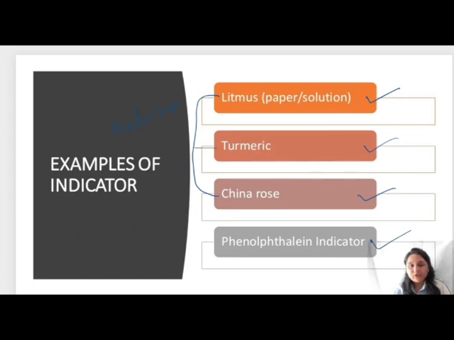And if we are talking about phenolphthalein here, this is a synthetic indicator. This is not a natural indicator, this is synthetic. The natural indicators we get from natural things like plants, and the synthetic indicators we prepare in the labs. Now let's talk about natural indicators first, and then we will learn about the synthetic indicators.